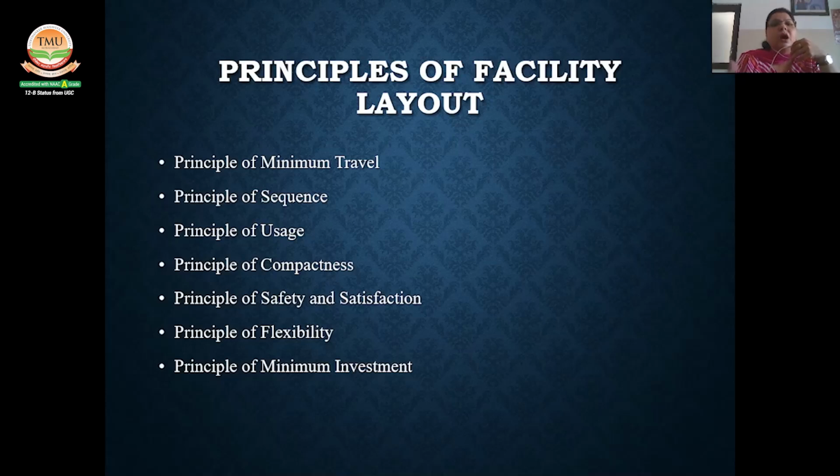Machinery can harm your workers, or your production can be delayed. Next is the principle of flexibility. Flexibility depends on when we need change, or when we have a problem immediately, then we can adjust as per the requirement.